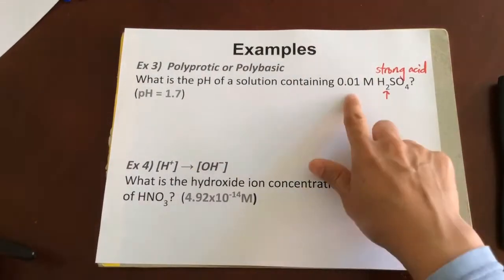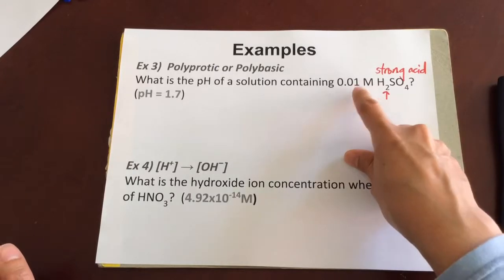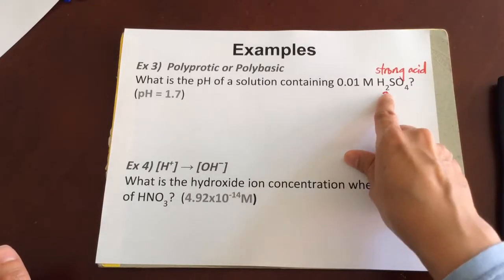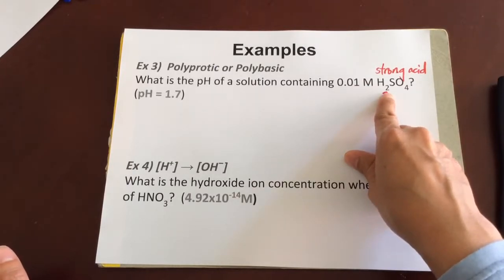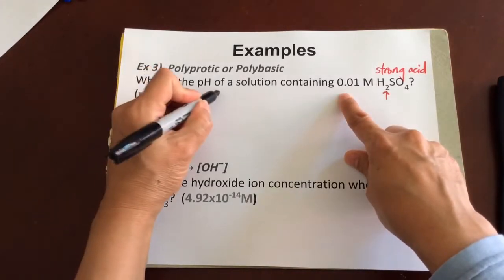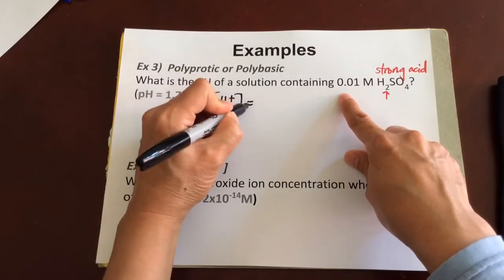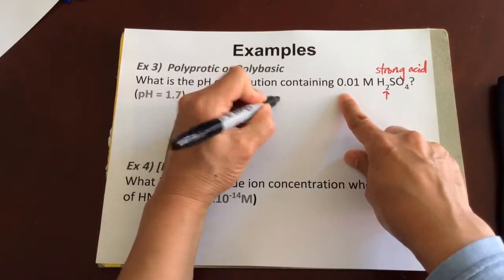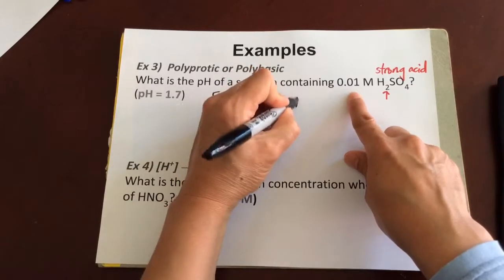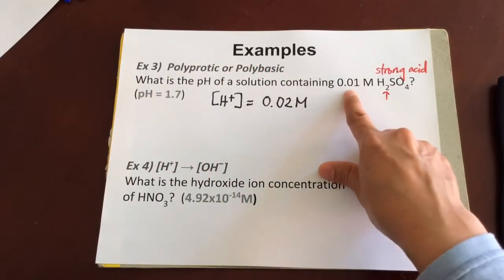If I have this amount of this whole acid, and it's going to ionize into twice as much hydrogen ions, and all of it will ionize, that means the concentration of hydrogen ions in my solution is going to be 0.02 molar. That's because twice this amount is 0.02.